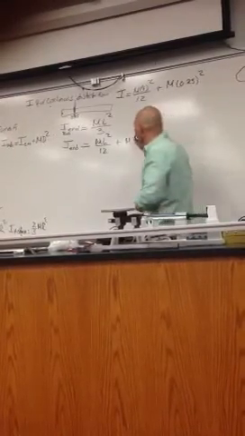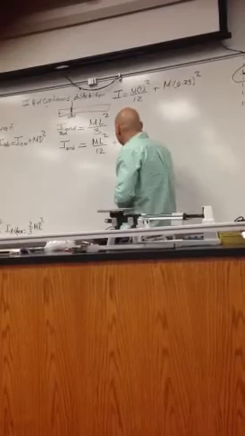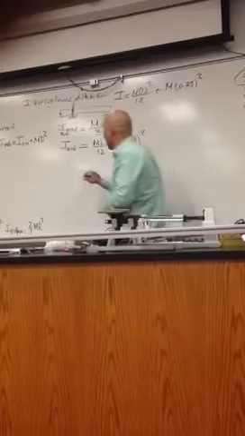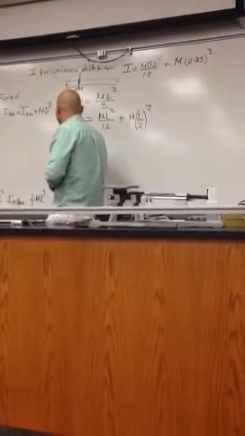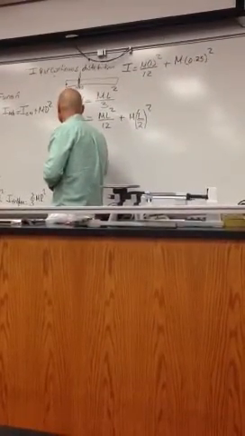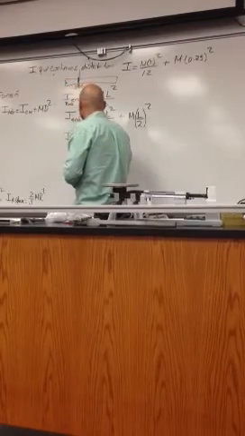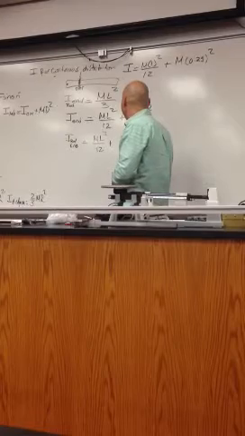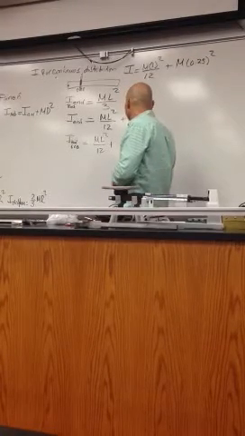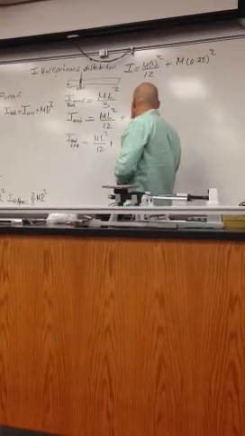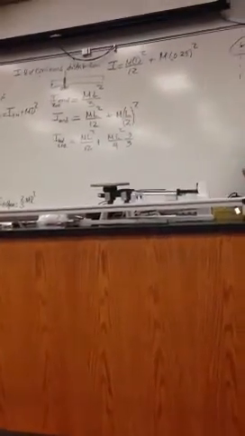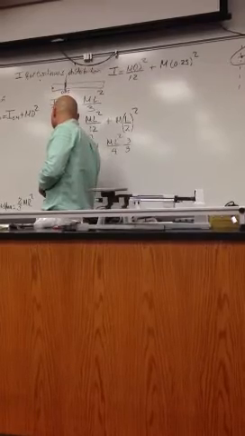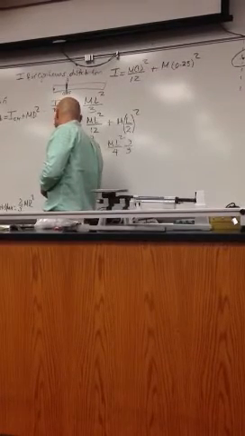L over 2. So if I put L over 2 here, I get this. So what will be I of the rod with respect to the end? ml squared over 12 plus ml squared over 4. If I multiply by 3 on the top and by 3 on the bottom, I have a common denominator, correct? So how much will be I of the rod with respect to the end?